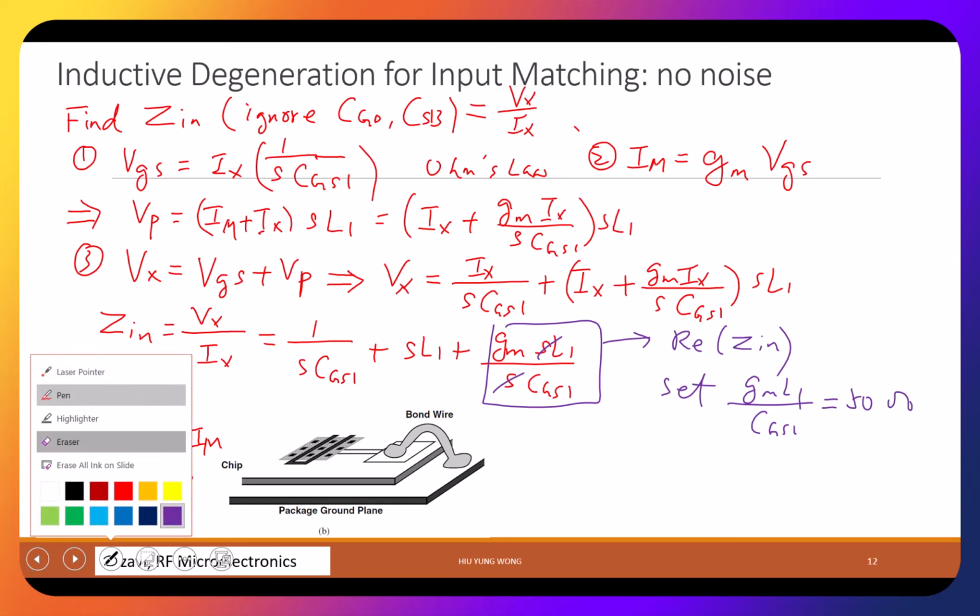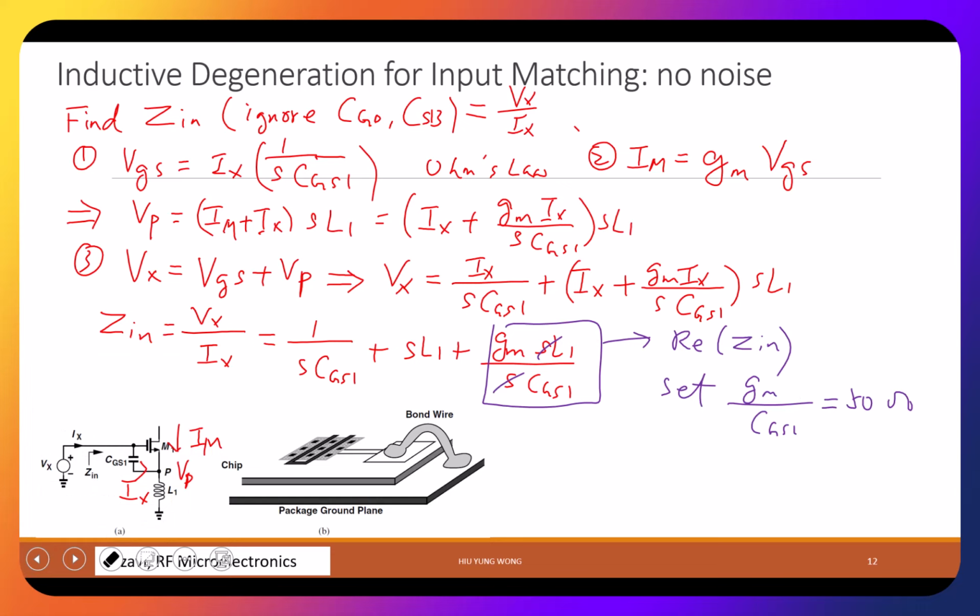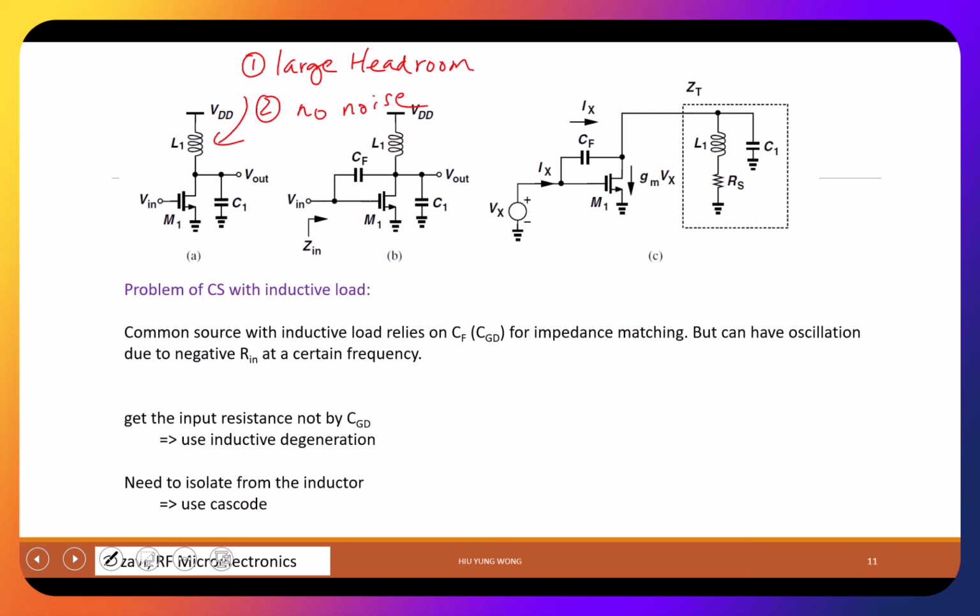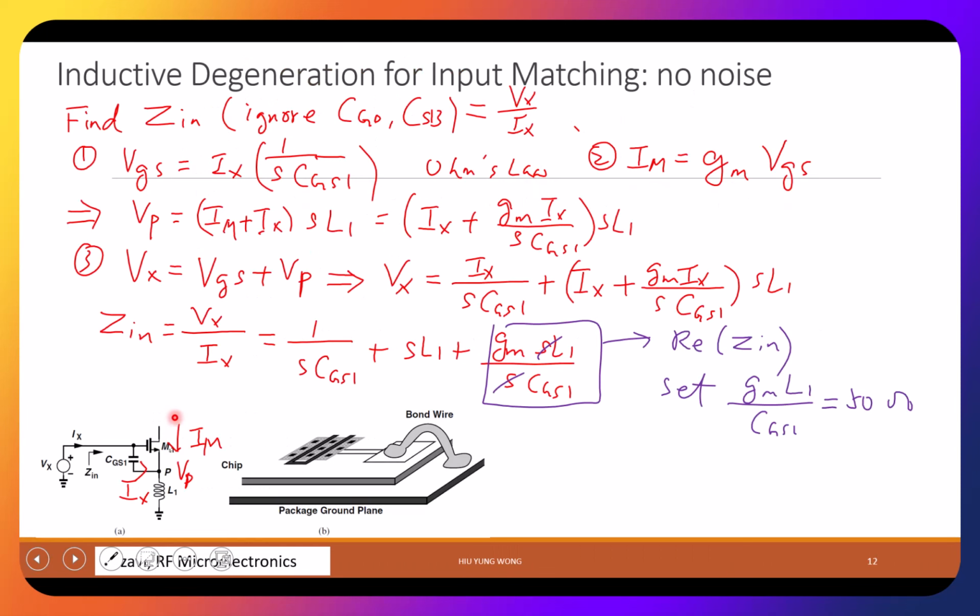That's what we mean by we try to match the input impedance by the degeneration inductor. Now we are not relying on this loading inductor. Of course, we have not drawn it yet. You don't know what is upstairs. We're going to use a cascode transistor. But here I just show you that we successfully did this.